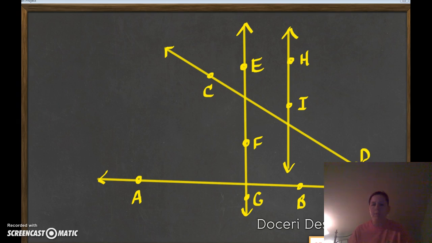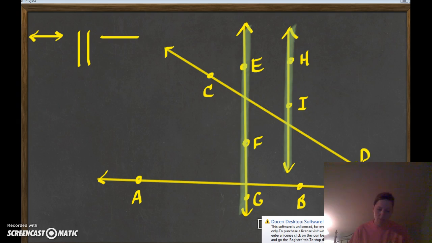So next we're going to talk about parallel lines. So if you look at the diagram, hopefully you notice there's really only one set of parallel lines given in this diagram. And I'm going to highlight the parallel lines. These are my 2 lines that appear to be the same distance apart the entire time and appear to never cross, or they don't have the potential to cross. And so remember, when we're saying 2 lines are parallel, we use this symbol in between where we notate the 2 lines.